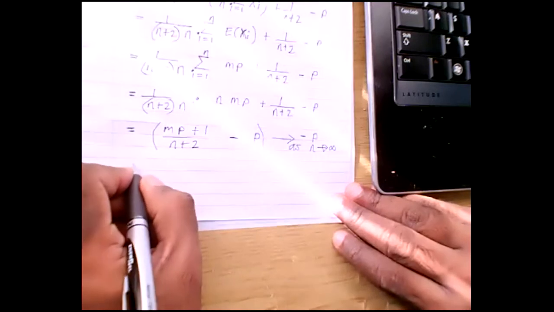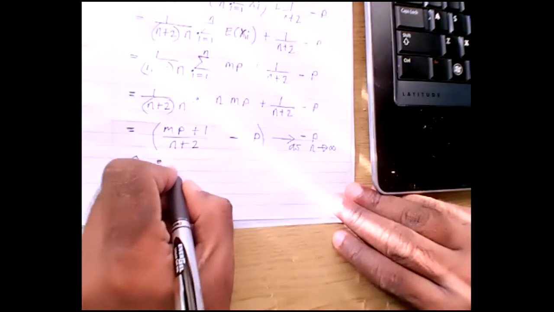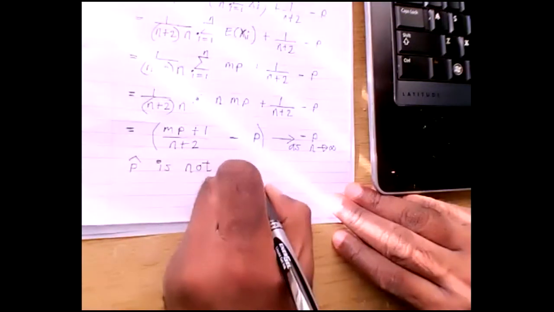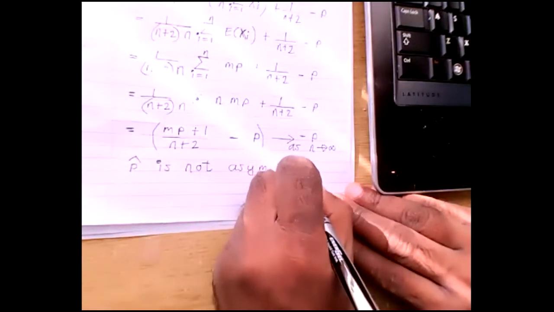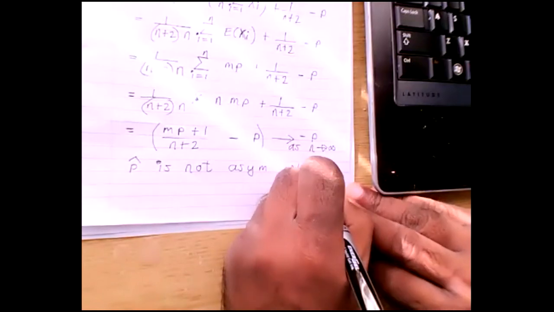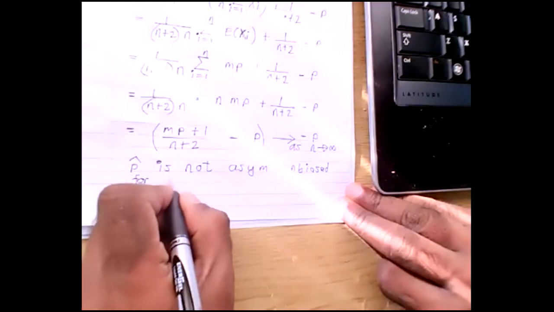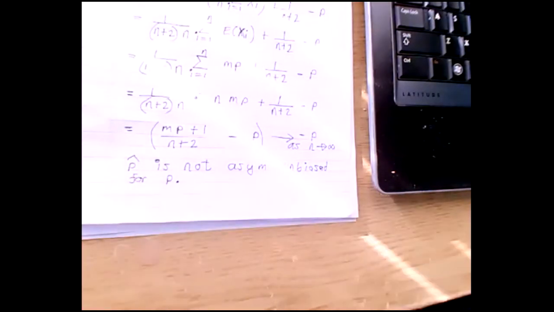So what you can say is that p hat is not asymptotically unbiased for p, because if it were, the bias must approach 0 as n goes to infinity, which is not the case here.